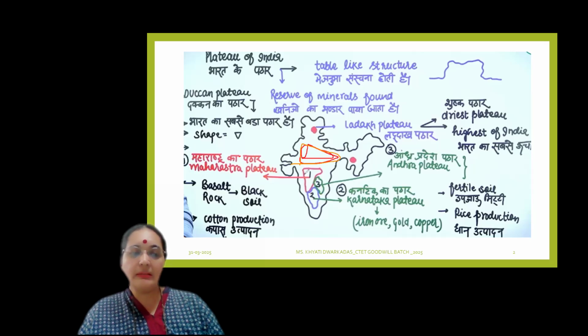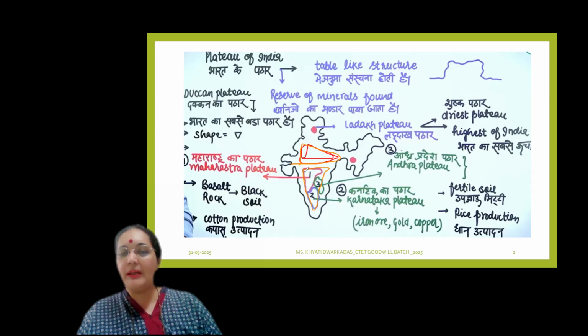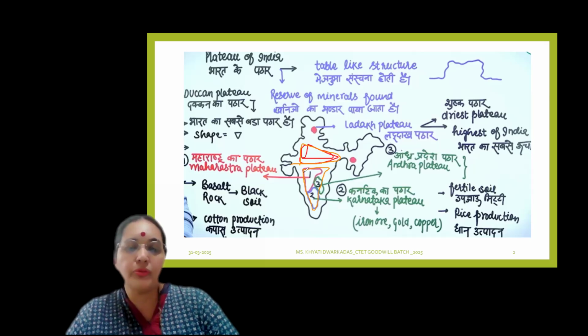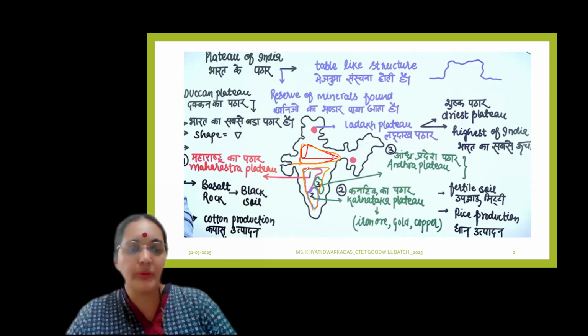And this part shown as plateau 1, 2, and 3 that you are seeing is a part of the Deccan Plateau and the Karnataka Plateau and the Andhra Plateau, which we famously take as a part of the Deccan Plateau, but actually there are three different plateaus. So the peninsular plateau by itself in the peninsula of India has multiple plateaus.